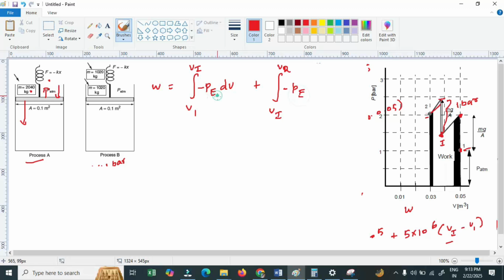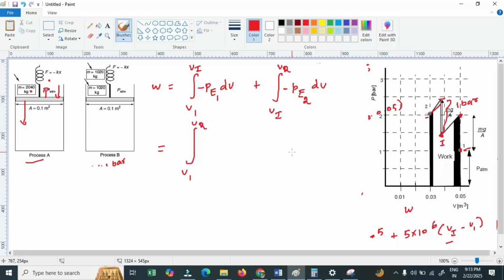Let me put P external pressure. Two different external pressures we are having, PE and dV. And I will write the first one, integration of V1 to V2.